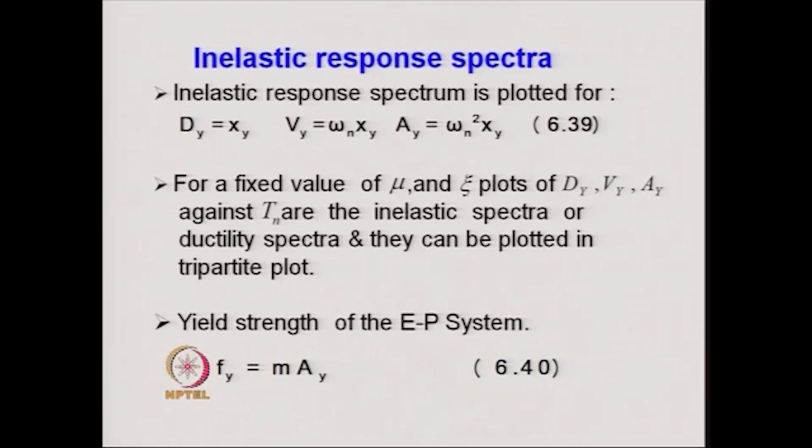Otherwise, we continue an iterative process in order to obtain a pair of values of mu and f bar y which are compatible for a given value of T n and xi. And that is how one can obtain the value of f bar y for a given value of mu.